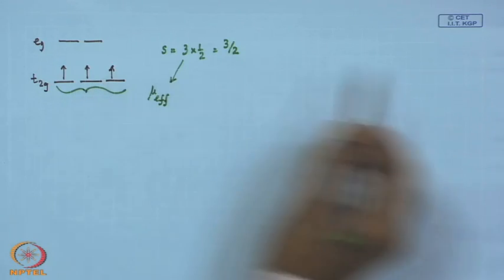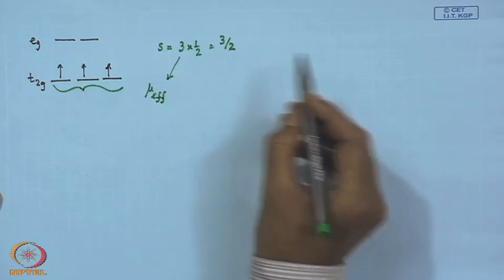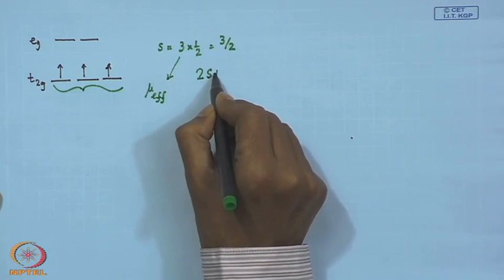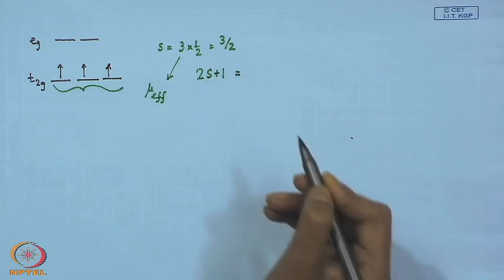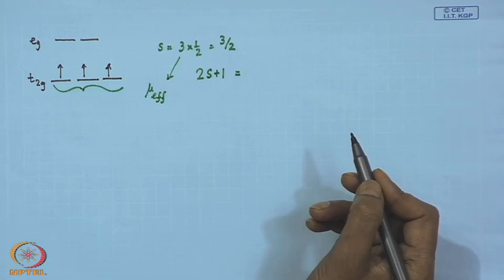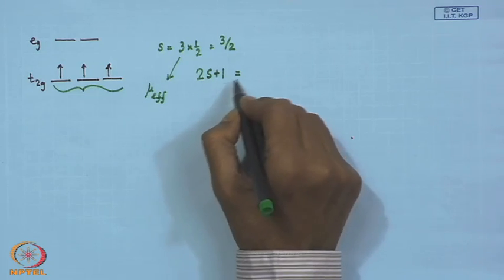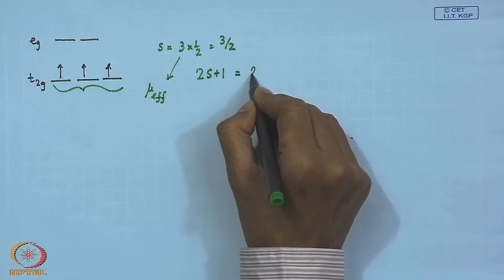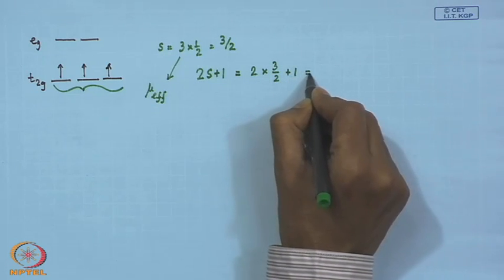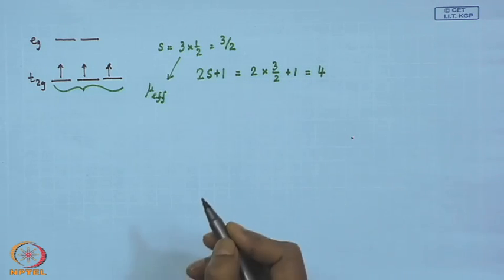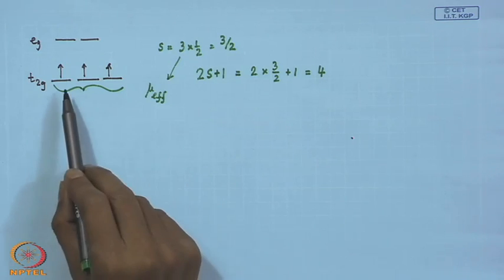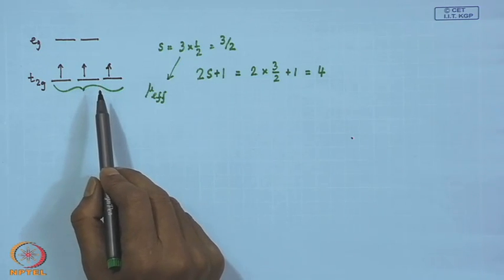We get a total S value equal to 3 by 2, and the spin multiplicity, which is the number of arrangements possible with this number of unpaired electrons, is equal to 2S plus 1, which is 2 into 3 by 2 plus 1, that is equal to 4. So, 4 different types of arrangements are possible when we have these 3 unpaired electrons.